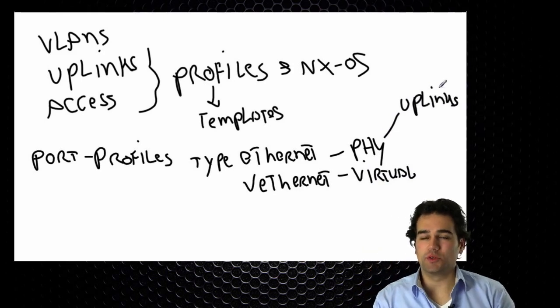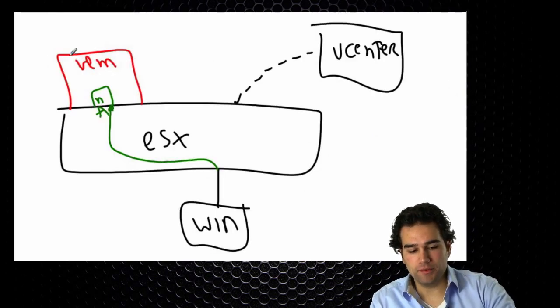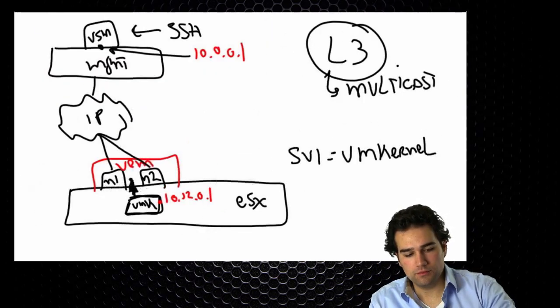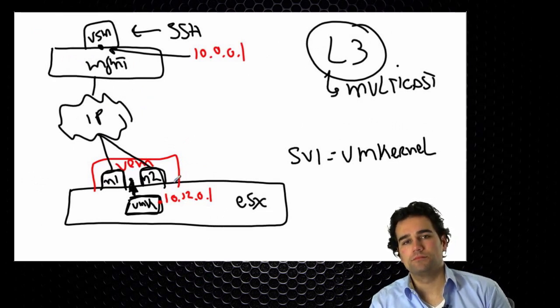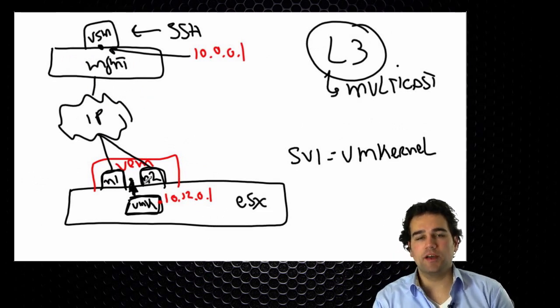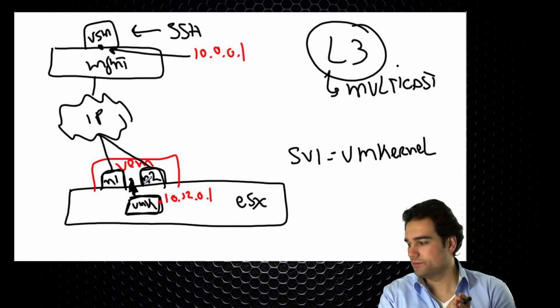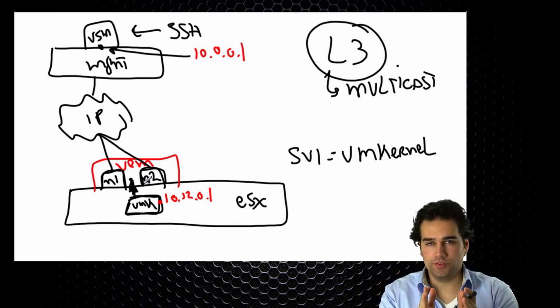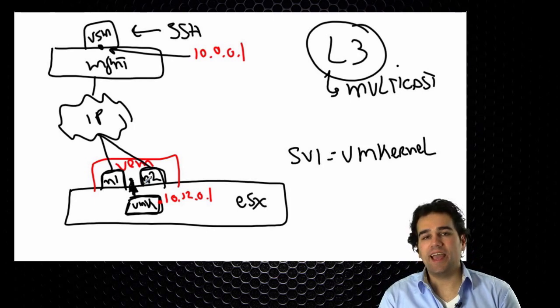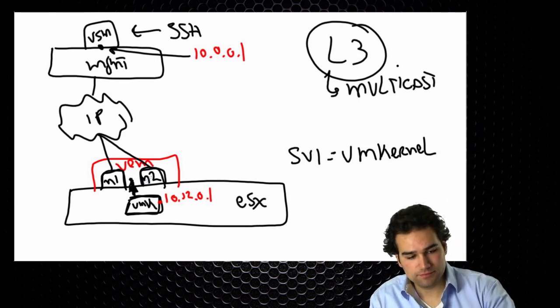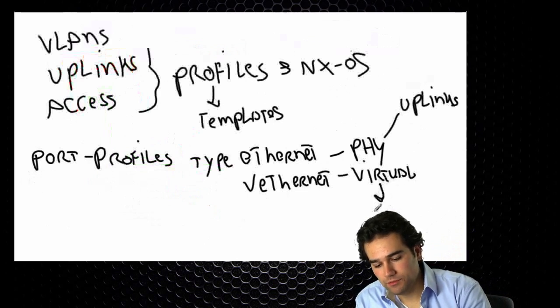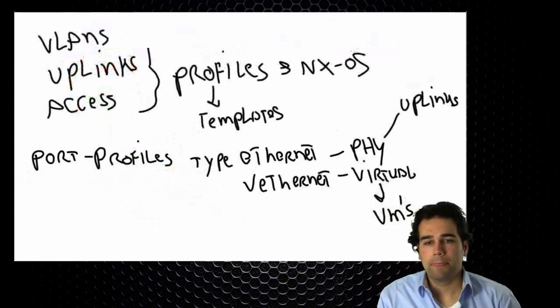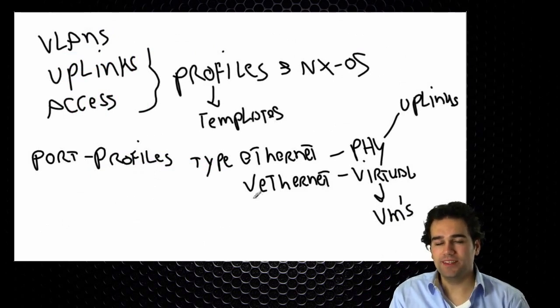So physical network cards in the ESX server, NIC 1 and NIC 2, these are my physical ports seen from the ESX server, right? These are my PCI network adapters that I insert into my server. The fun part on the UCS is that these can be virtual again, but seen from the Nexus 1000V, they're physical cards. And virtual means virtual machines. So virtual machines connect to virtual Ethernet port profiles.